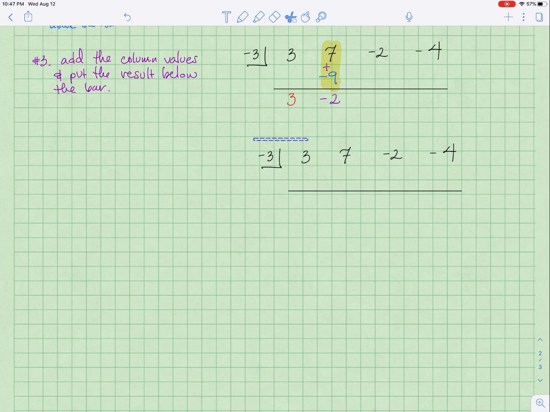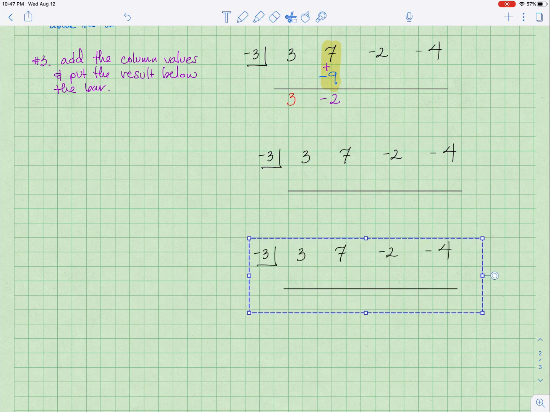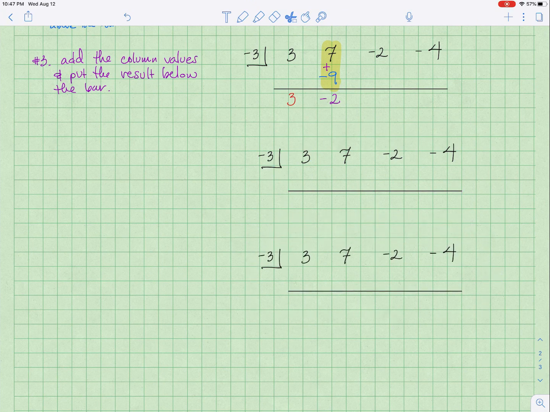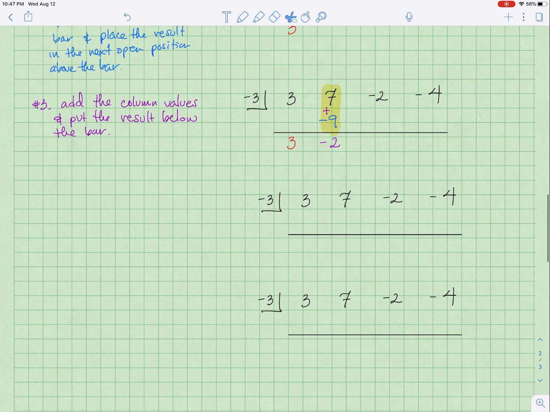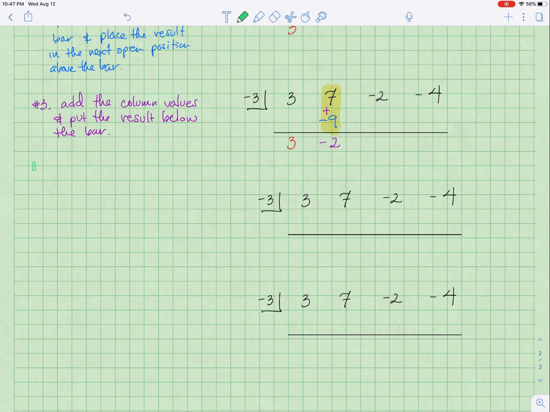Looks like I'm going to have to duplicate this a couple more times. Okay. Let's see, another color here. What do we got? Oh, that's hard to look at. Let me choose a different color.